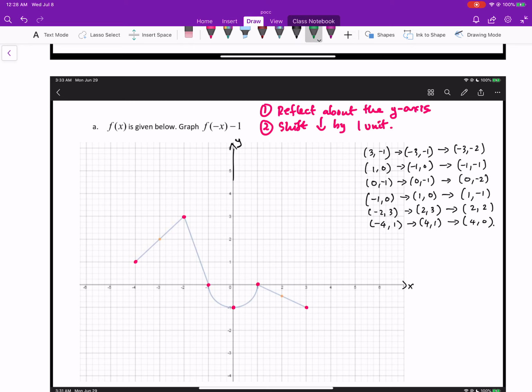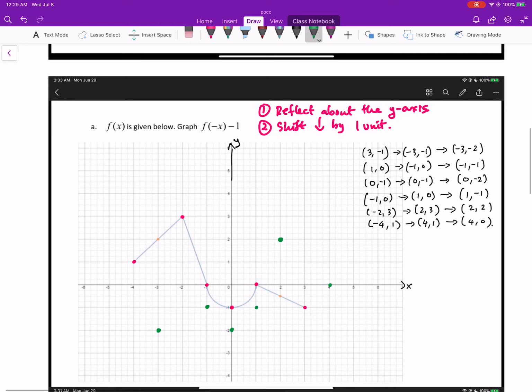So let's go through each of the new points for where the new graph is supposed to be, and start sketching it. So I end up with negative 3 and 2, negative 1 and 1, 0 and negative 2, 1 and negative 1, 2 and 2, and 4 and 0.